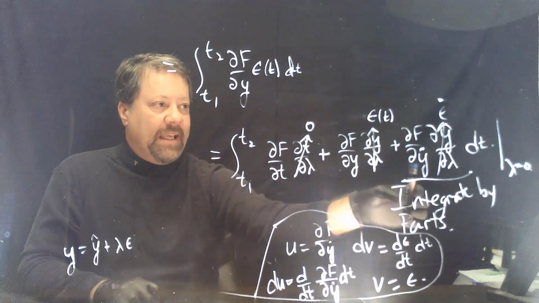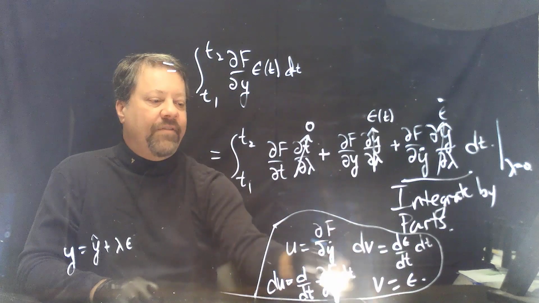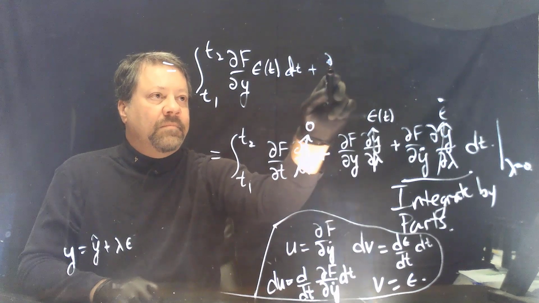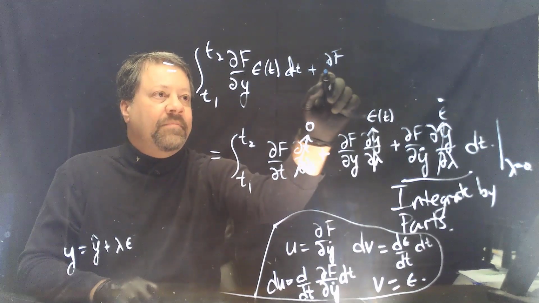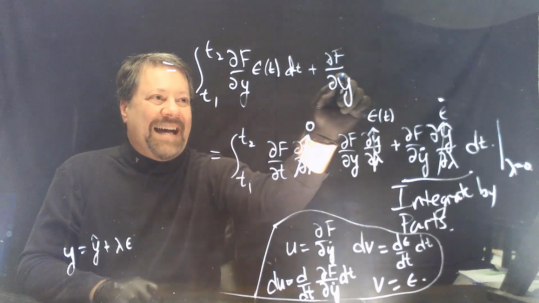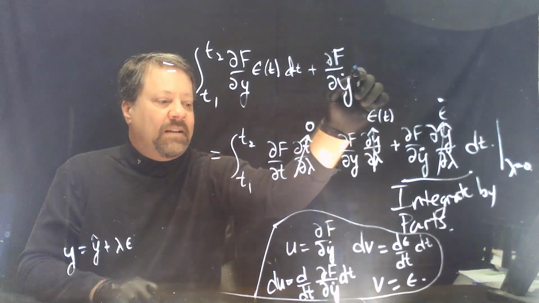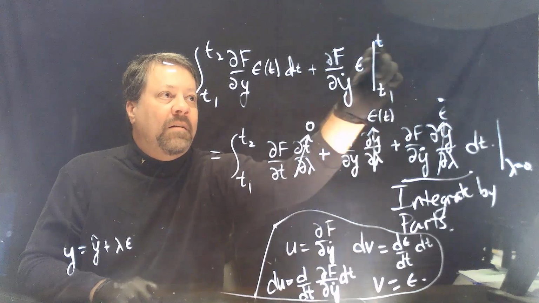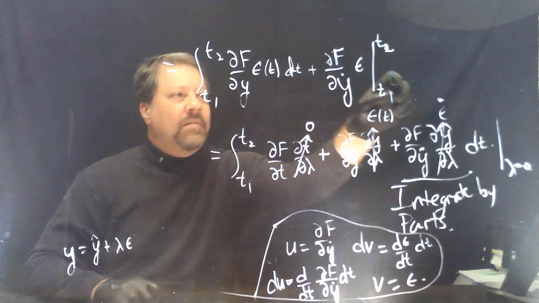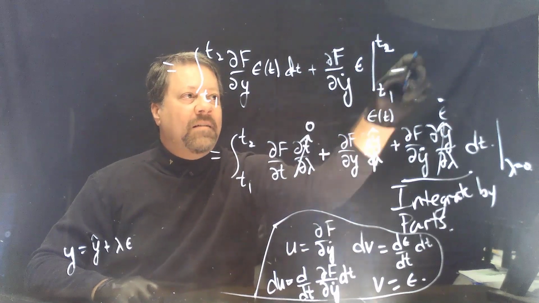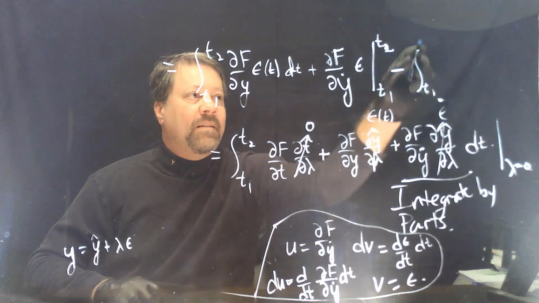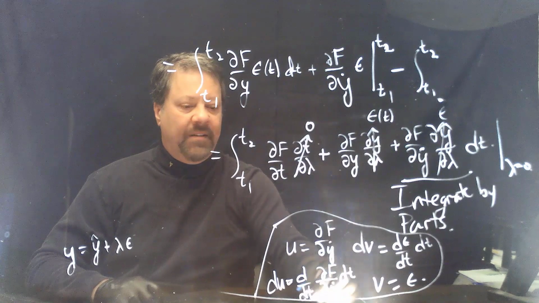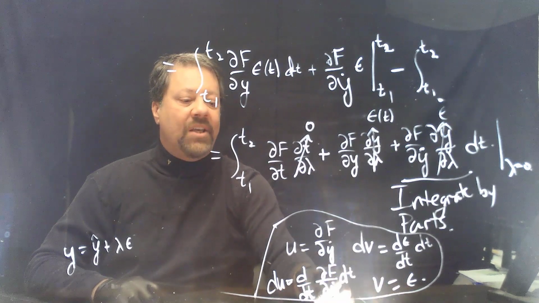With the integration by parts on the last term, we'll have uv, which is df dy dot times epsilon, minus the integral from t1 to t2 of v du.